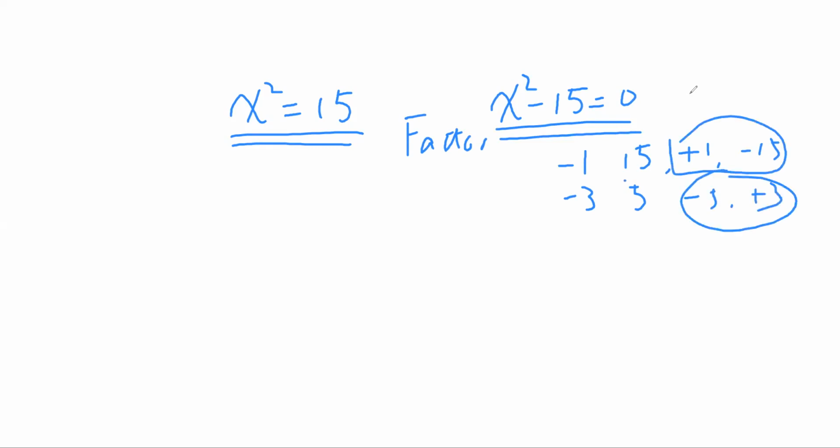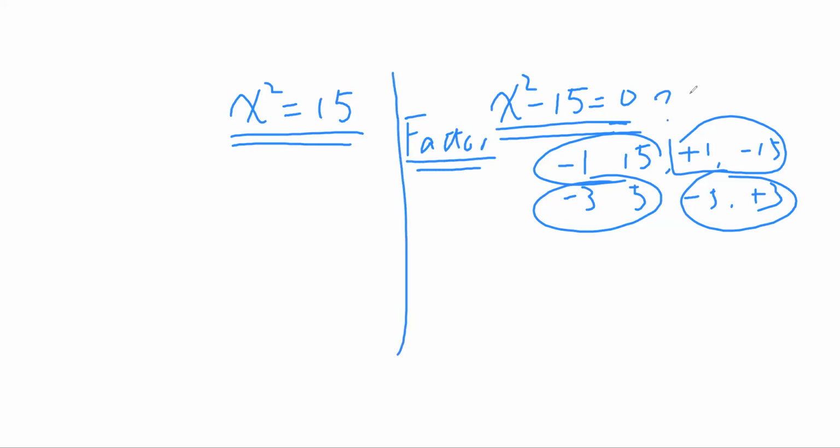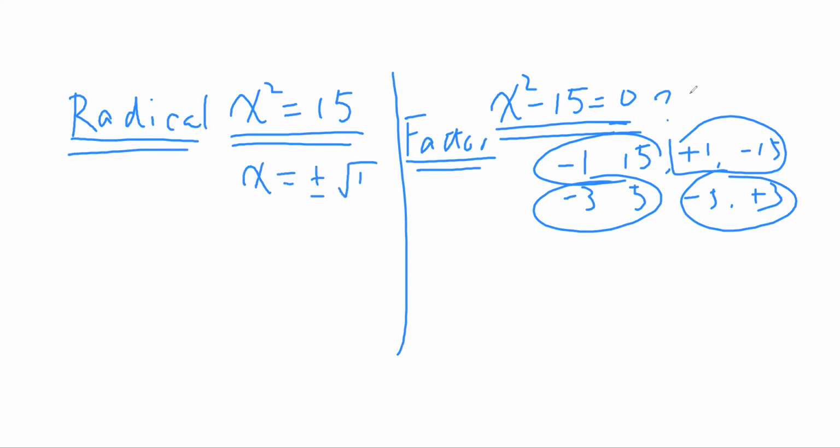In each group, the sum cannot be 0, so it cannot be factored. Factoring doesn't make sense here. But if you use our radical method, called square root, you can take the square root and get x equals positive or negative square root of 15 quickly, right?